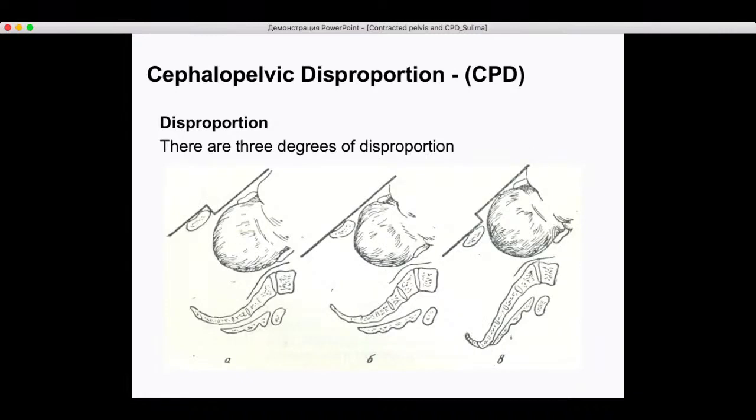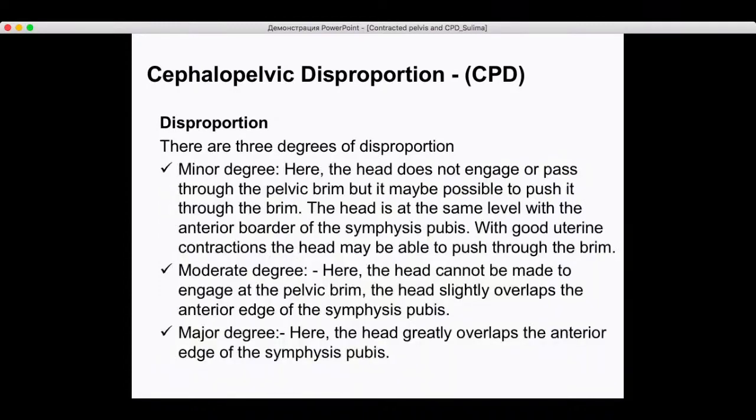There are 3 degrees of disproportion: minor, moderate, and major. This is the Vasten sign. I repeat, minor degree: the head does not engage or pass through the pelvis, but it is possible. Moderate degree: the head slightly overlaps the anterior edge of the symphysis pubis.